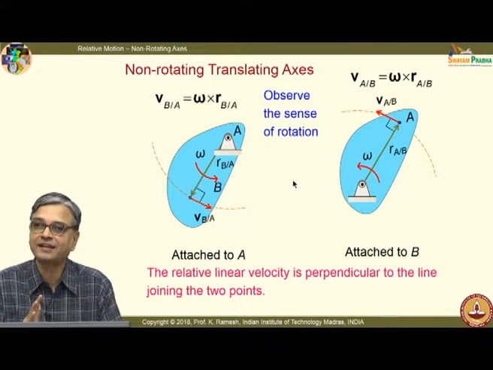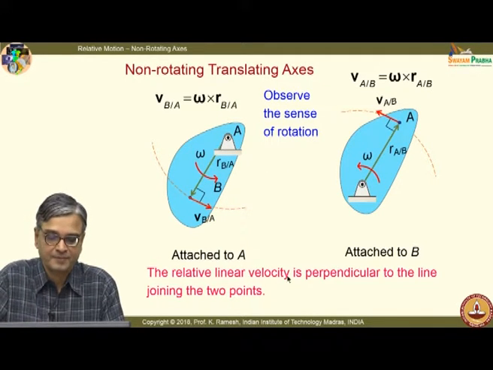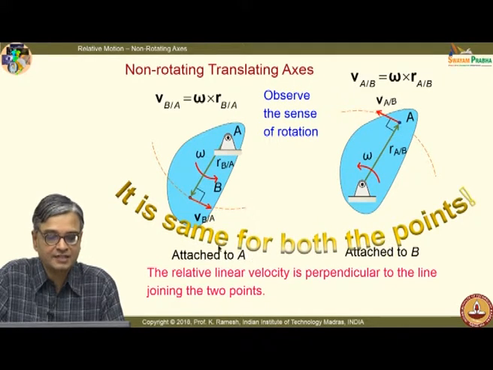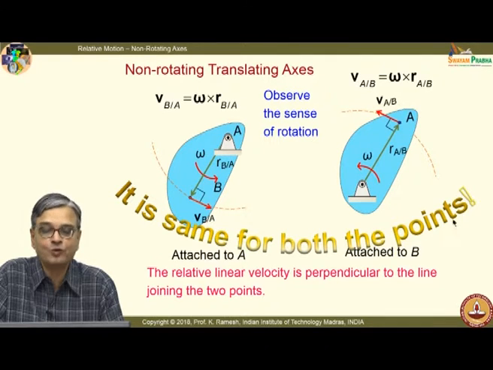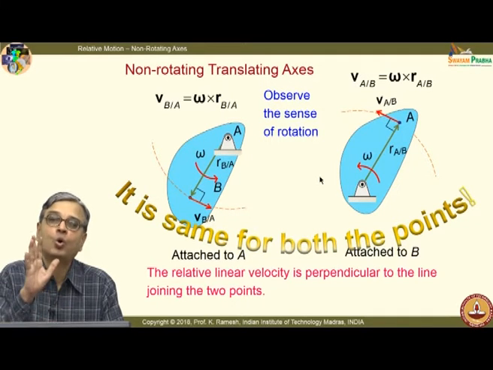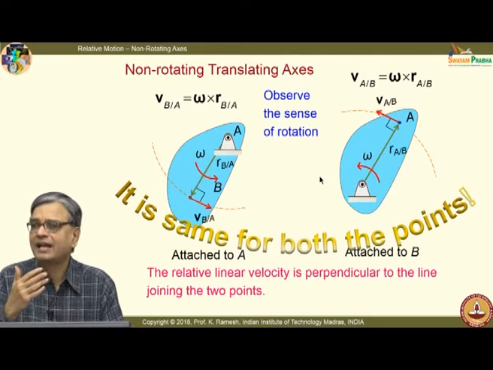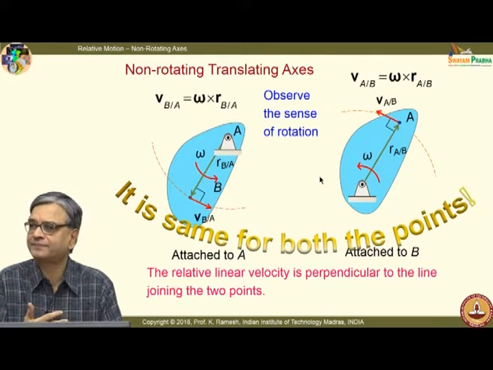Is the idea clear? We will also understand it with further animations, and it is important to note that the sense of rotation is the same for both points. Whether I view it from B or from A, the body as a whole has one sense of rotation, which agrees with the physical reality.